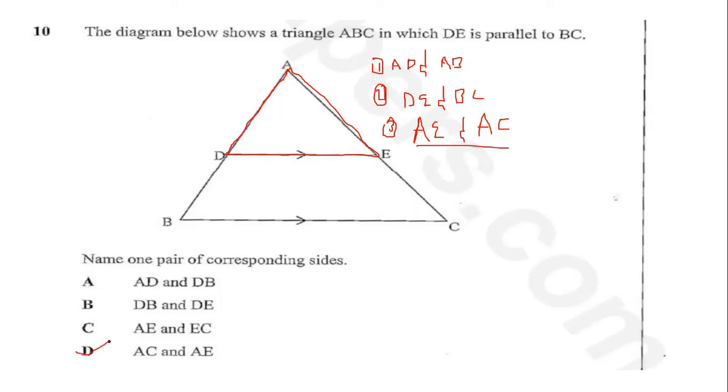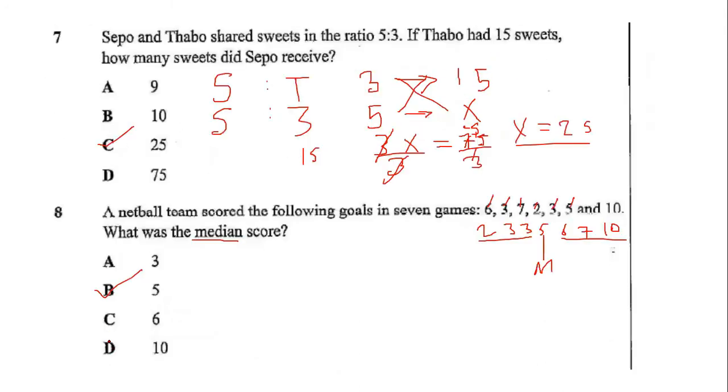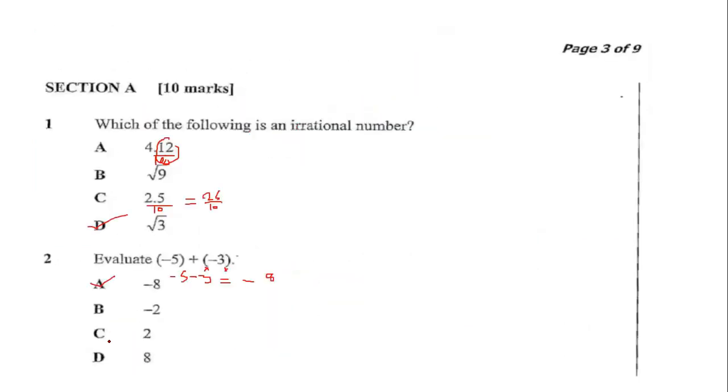Now, like I was saying, how you find these answers, this was just the working. But in your exam, we expect that your answers are going to be filled in on the answer sheet.